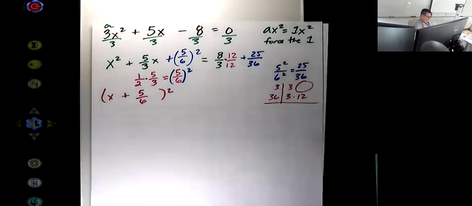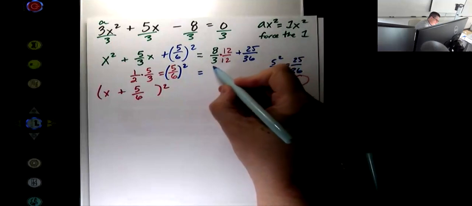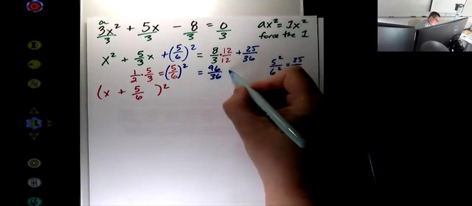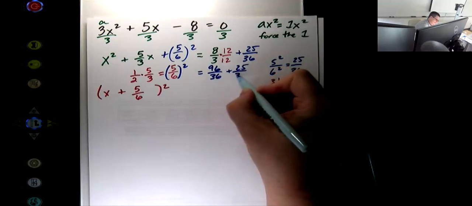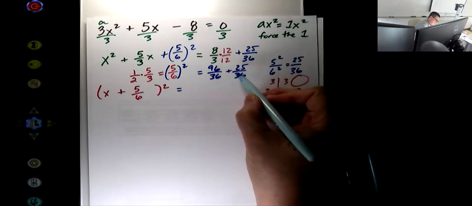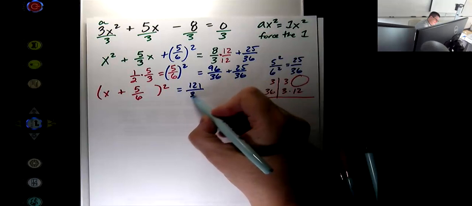If I do that, what does that end up being right there? 8 times 12 is 96 on top, over 36, plus 25/36. I add those up, I get 121/36. This is a perfect square.